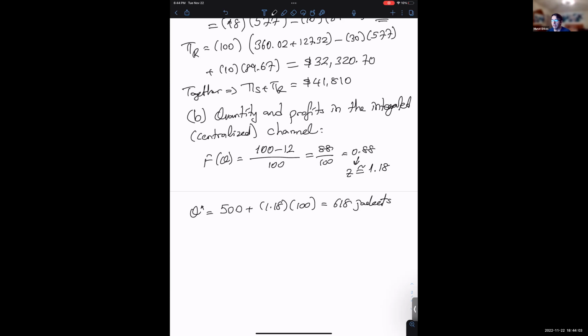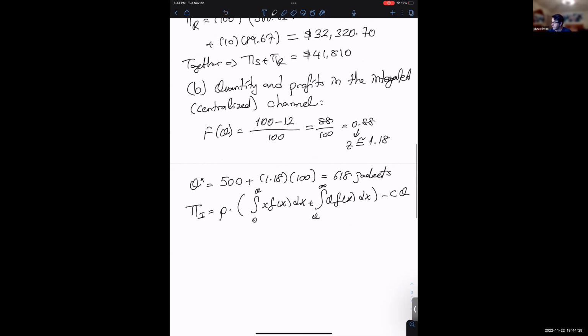Now, how much money do we make under this setting? Of course, it is still P times the sales, and sales are going to be the integral from 0 to Q of x f(x) dx plus Q times the integral from Q to infinity of f(x) dx, and then minus CQ. That's it. Now I need to plug in those numbers.